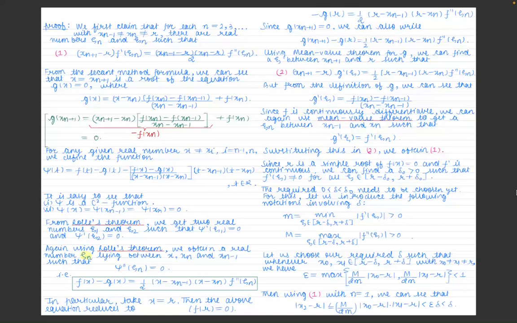So the required delta lies between 0 and delta naught, which we need to choose. It needs to be chosen yet.